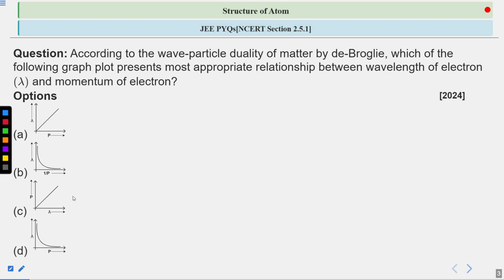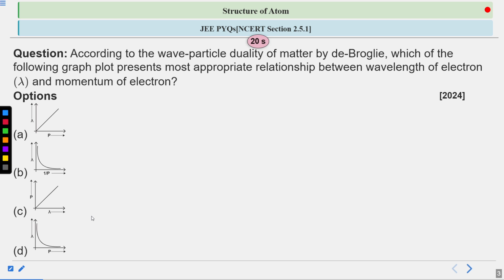In the third graph, we have the momentum of electron versus the wavelength of electron, a straight line starting from x equals 0. And in the D graph, we have again a curve representing the wavelength of electron versus the momentum of electron. You have to tell which graph correctly represents the relationship as per the wave particle duality of matter given by de Broglie.